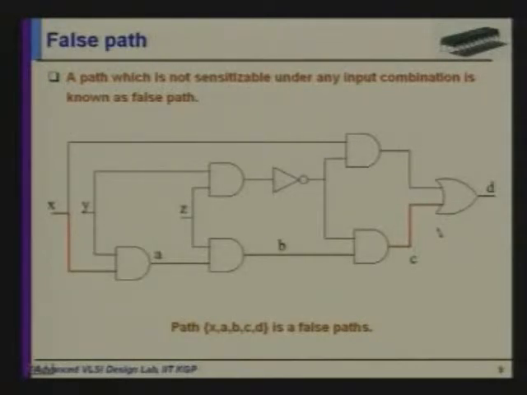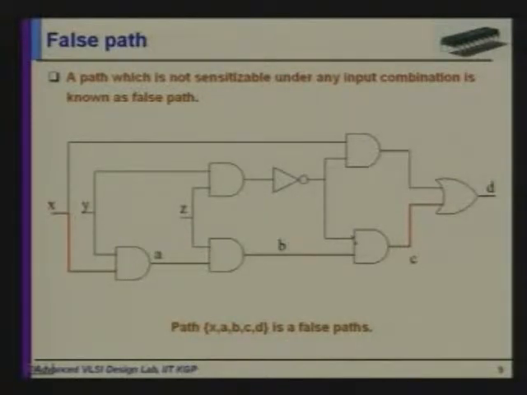There is another concept called false path. Probably you learned it in the last lecture. This is a path which cannot be sensitized by any values given at the primary inputs. Here I have shown an example: the path X, A, B, C, D, drawn in red, is a false path. Suppose I want to propagate a transition from X to D through the path A, B, C. For that I have to set the value 1 at node Y. For Z, I have to set 1 once again.